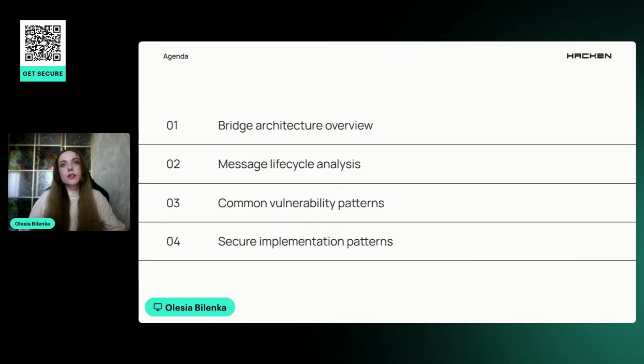And thirdly, we will have the main part of today's session, which is common vulnerability patterns. We will audit real bridge contracts and run exploits on them. And finally, we will apply fixes and run the same tests to confirm that the vulnerabilities are resolved.